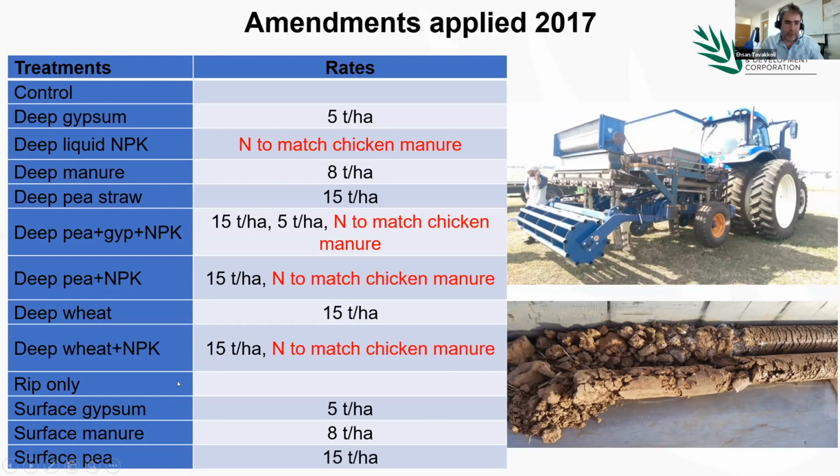Quickly, I'll run you through some of the treatments. Of course, gypsum is one of the most commonly used amendments in agriculture for amending sodic soil. In addition to that, I wanted to see if organic amendments, a manure or a plant biomass, which can be as simple as a wheat stubble or legume stubble after your harvest because it's very rich in carbon, can be incorporated into the subsoil, and let the microbial decomposition of that stubble help the soil structure by adding carbon and some nutrients in that poorly structured subsoil environment.